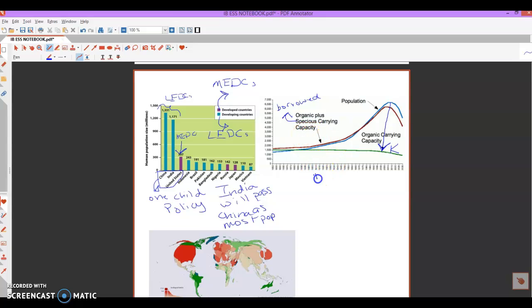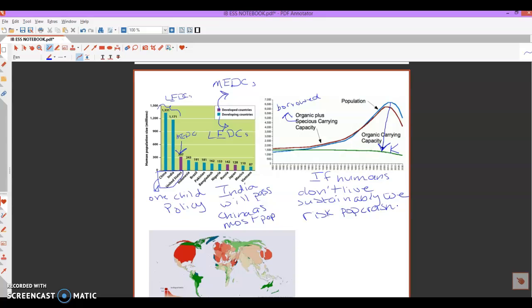So, the take-home message here is, if humans don't live sustainably, we risk a population crash.